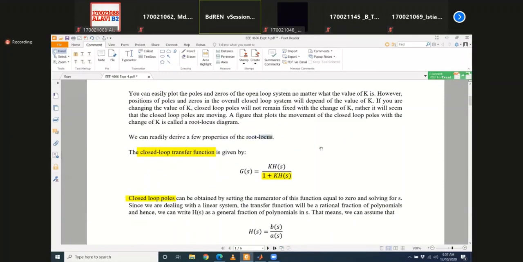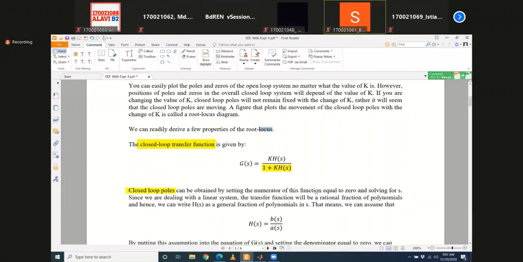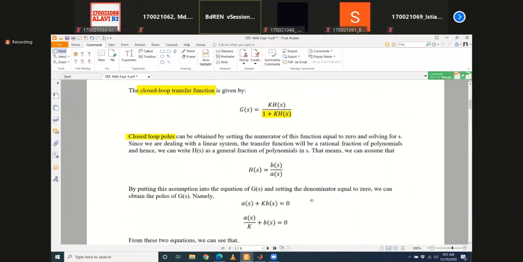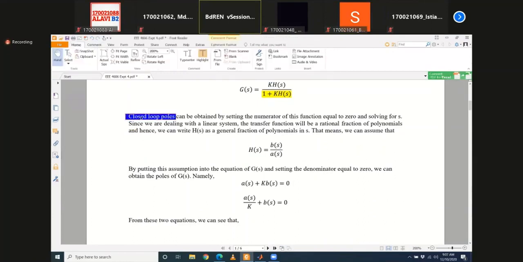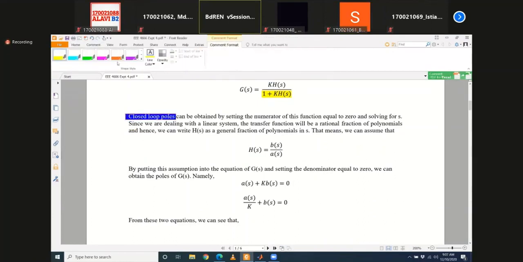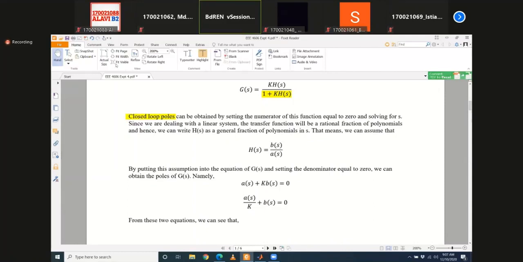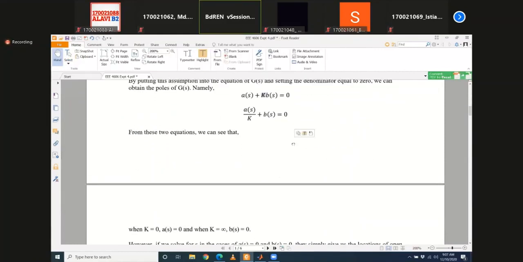It means how the location of something changes, right? So in a root locus diagram, we are concerned with the location of the closed loop poles and how they change with the value of this gain, K. So let's start with the lowest possible value of K.